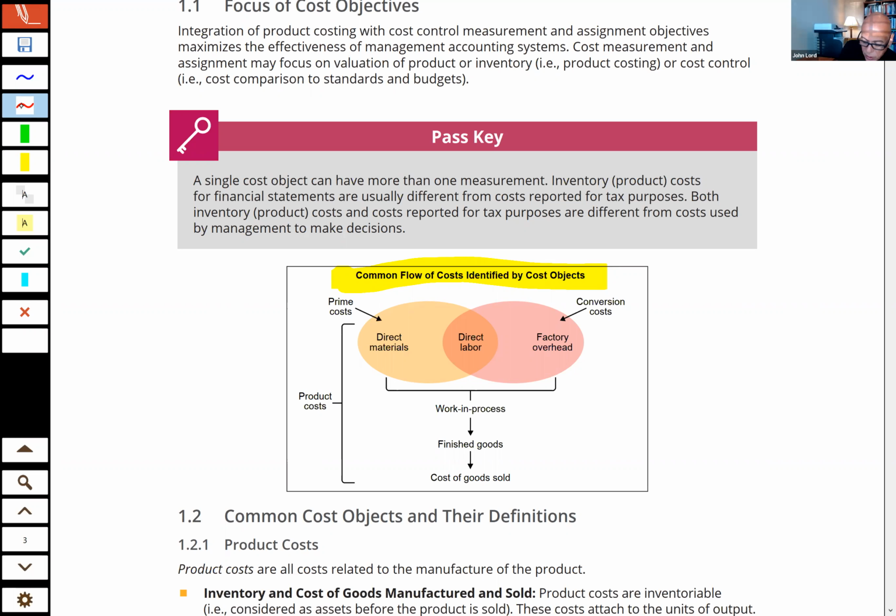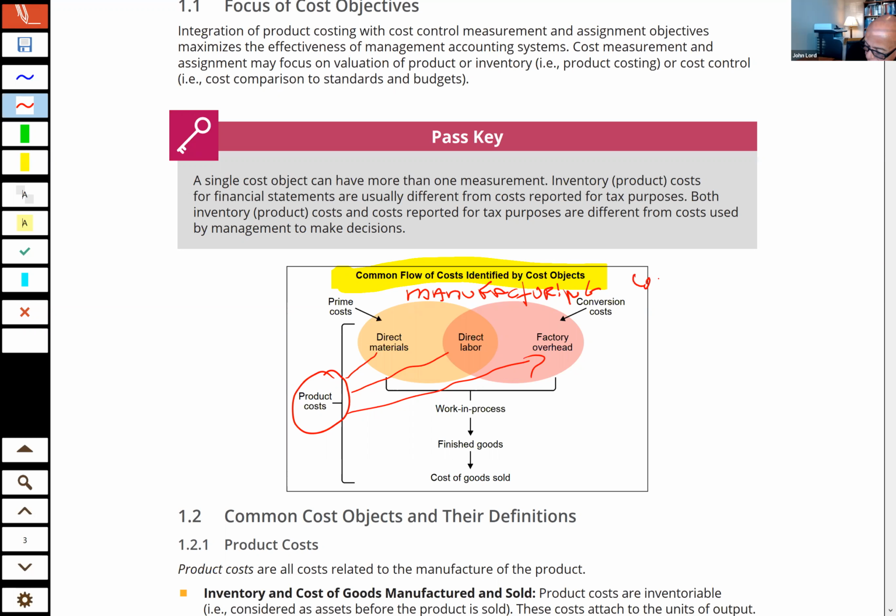So you can see here that we talk about product cost. Let's start with that. And our product costs include direct materials, direct labor, and our factory overhead. These are all considered product costs, but they are also considered manufacturing costs. Same thing, different name.